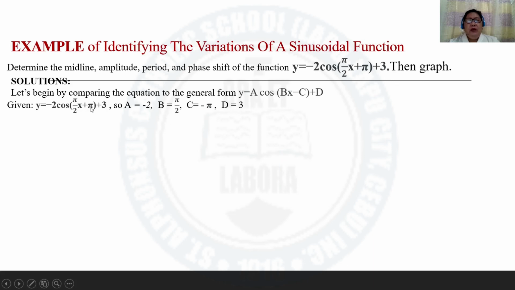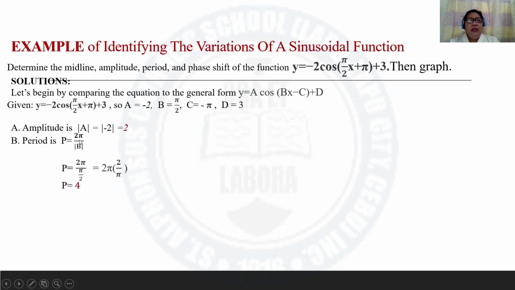And this time we have a constant that's negative pi, because the original is x minus c. So we have negative pi. And the value of d is 3. So the amplitude is the absolute value of a, which is the absolute value of negative 2, so equals positive 2.